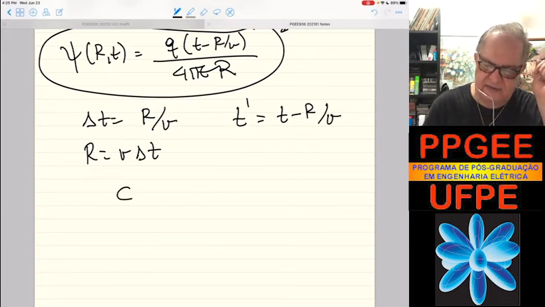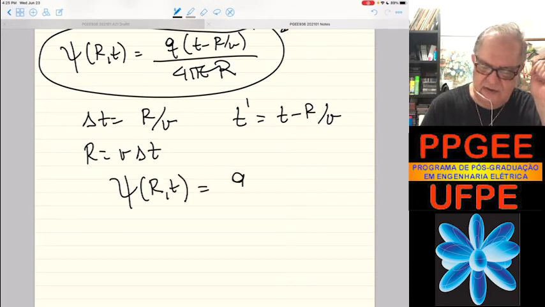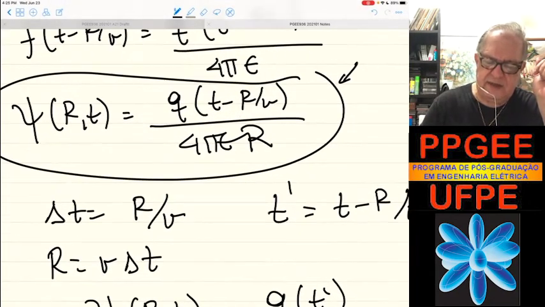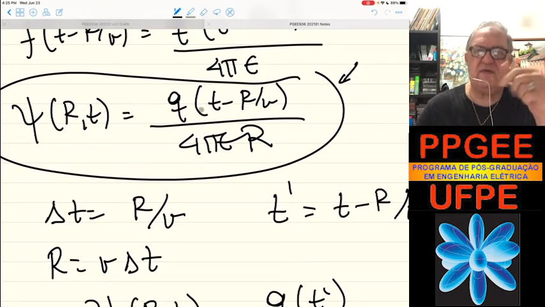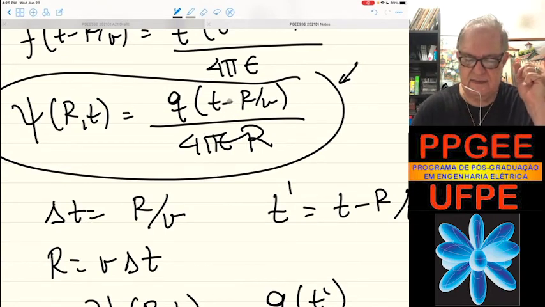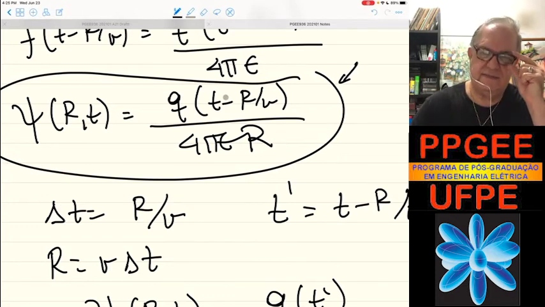I'll always write like this: psi of r, t equals q of t prime over 4 pi epsilon r. This is the same expression for the static potential of a point charge. The only thing that we have to correct is the time delay, right?